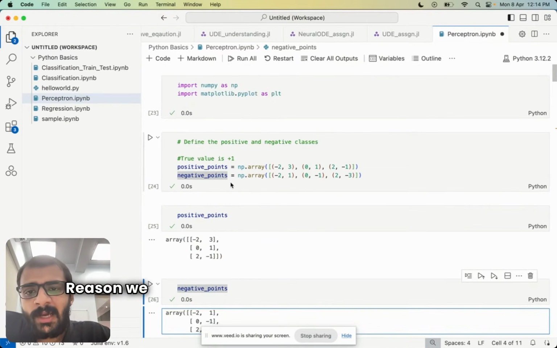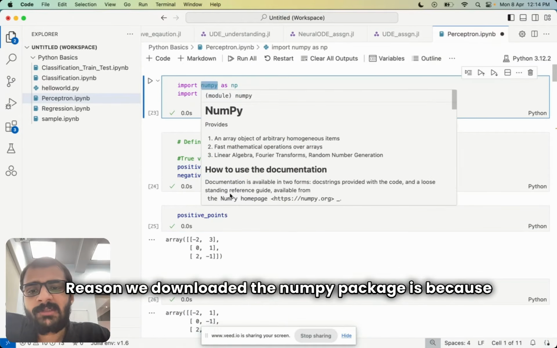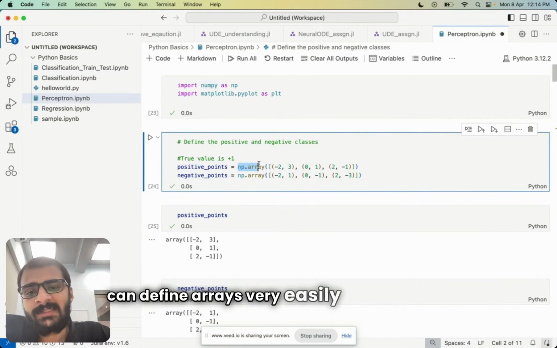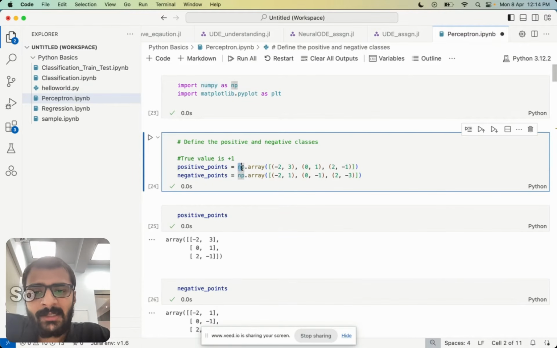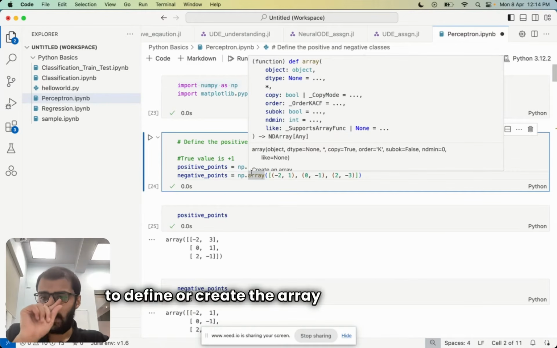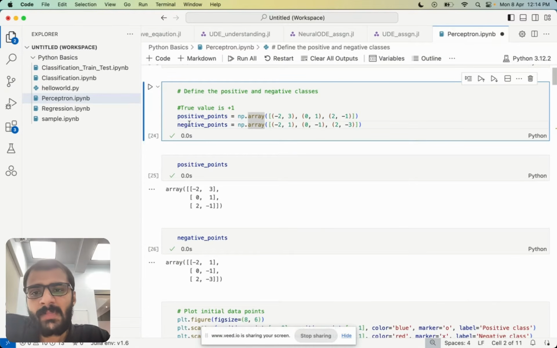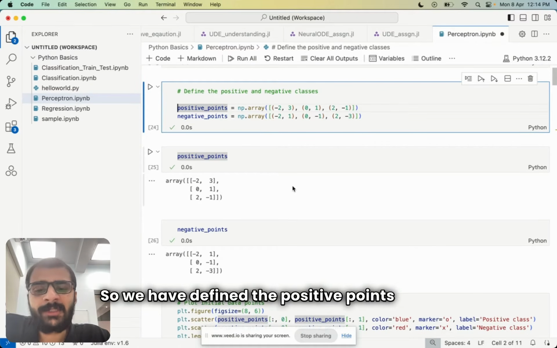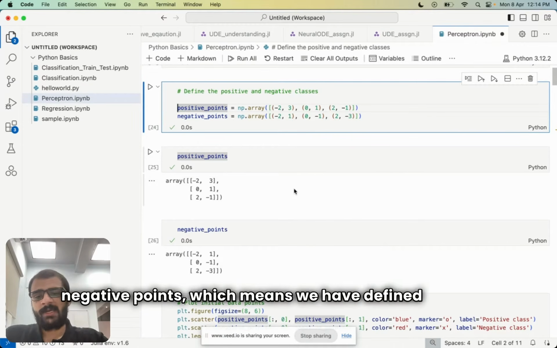So the reason we downloaded the NumPy package is because we can define arrays very easily using np.array. So np means that we are using the NumPy package to define or create the array in the first place. Great. So we have defined the positive points and the negative points, which means we have defined our data.